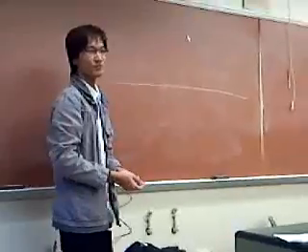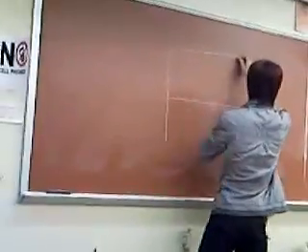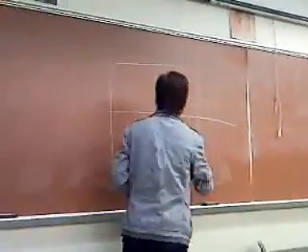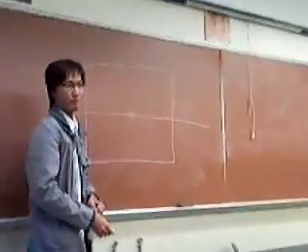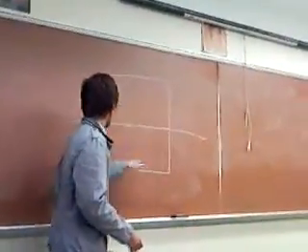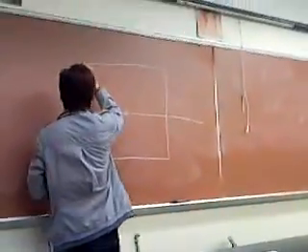You put any vanishing point on the horizon line. Okay, and you draw a big square. And you connect every corner of the square to the vanishing point.